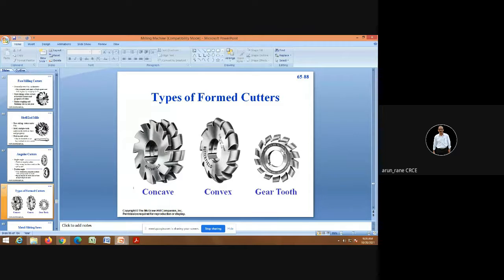Similarly, for a gear, the most important parameter is the module, and module is equal to pitch circle diameter divided by number of teeth. So as per the module, your profile will vary, and this gear tooth cutter should be a replica of the gear tooth profile.